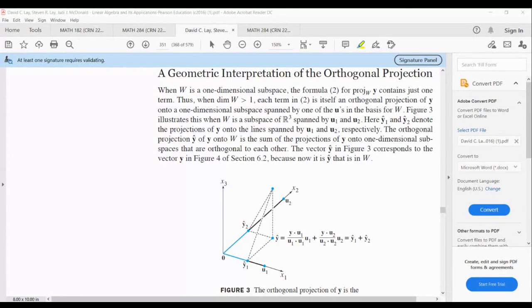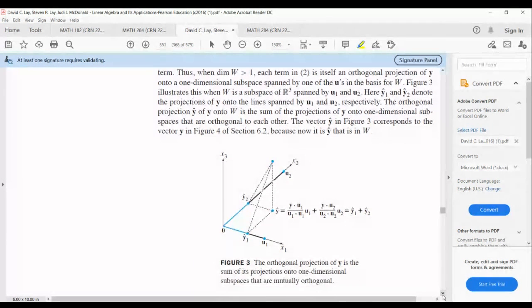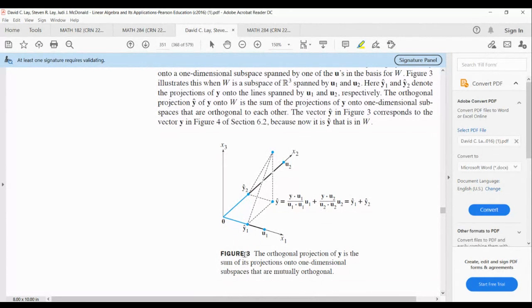So the orthogonal projection of y is the sum of its projections onto one-dimensional subspaces that are mutually orthogonal. That's what they're demonstrating here.